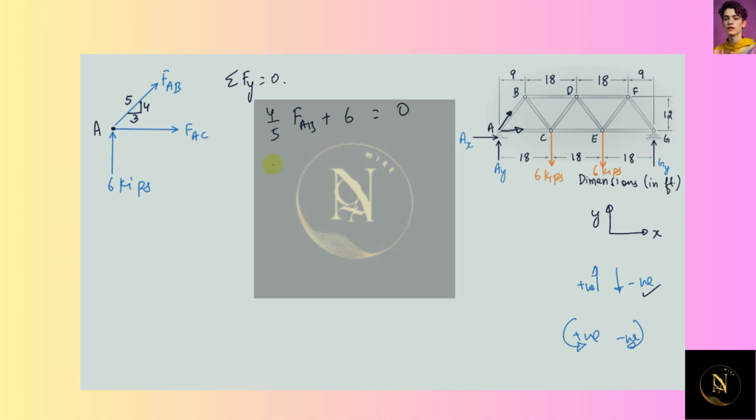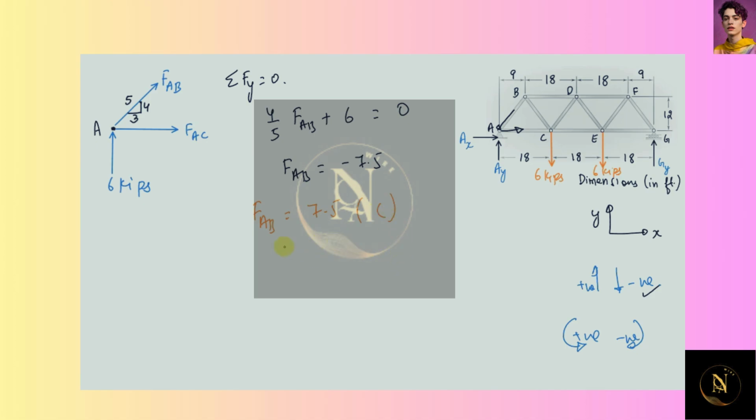So from here FAB comes out to be minus 7.5. Now here the minus sign denotes that our assumed direction is wrong. The direction would be like this. That means the member would be in compression. So we can say that FAB will be equal to 7.5 and the member would be in compression.